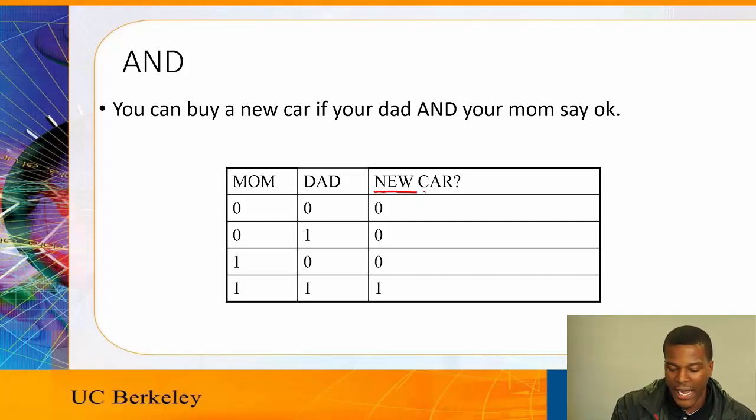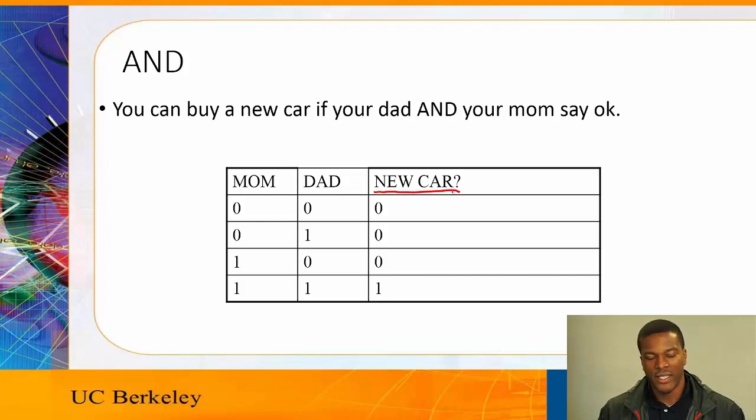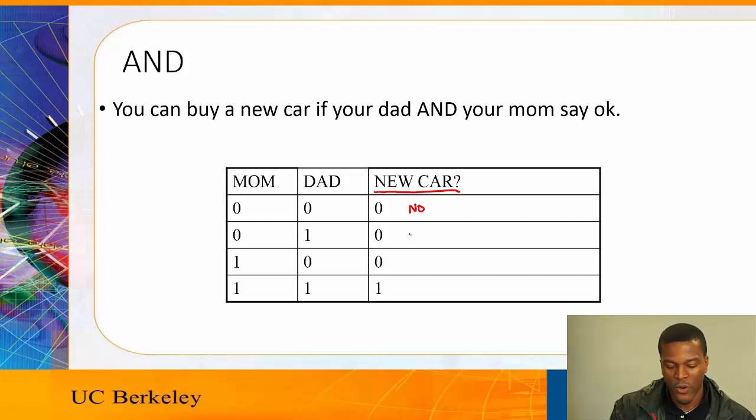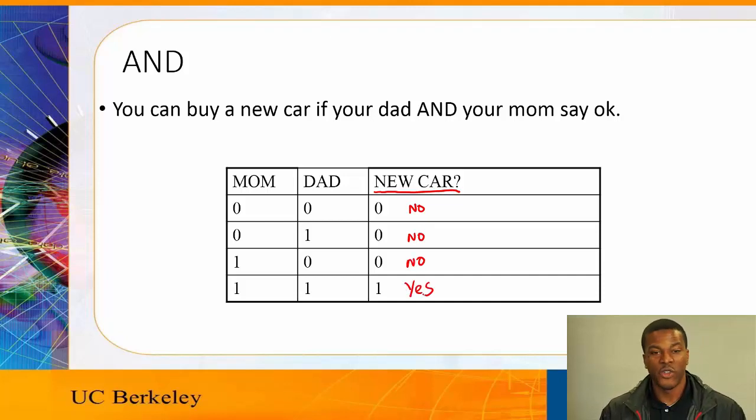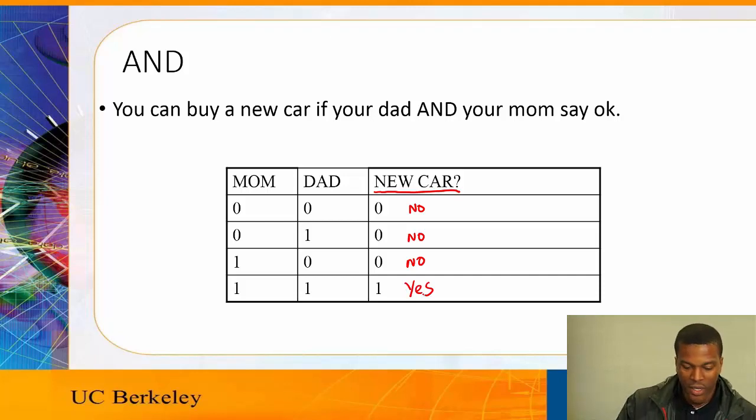So the output of our logical operation is if you can get a new car. So zeros are no and ones are essentially yes. So again, this is considered what we call a truth table.